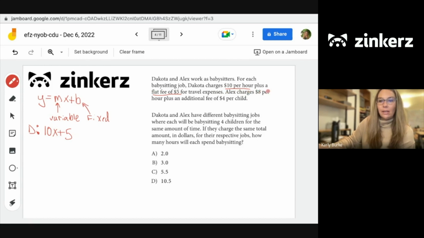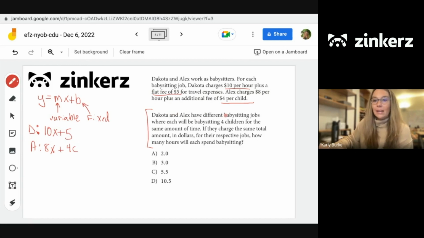Alex is charging $8 per hour plus an additional fee of $4 per child. Now that's a little bit different than the travel expenses, so I'm going to write it as 4C. It may seem like we have too many variables, but usually we'll be able to get rid of one in the second part.